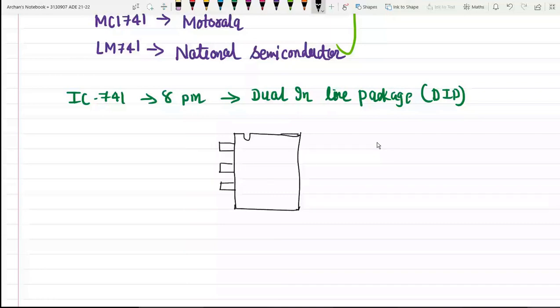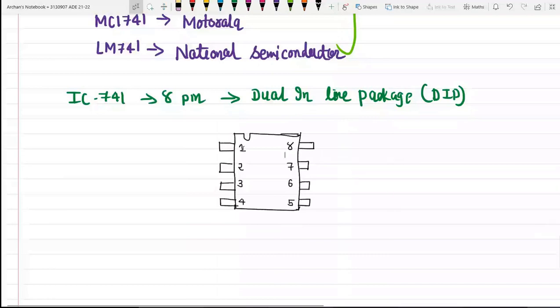Similarly, 4 legs we will find on the opposite side of the IC, and all these IC legs are named as pin number 1, 2, 3, 4. After that we go to the opposite side, pin number 5, 6, 7 and 8. Now the question is where to start with pin number 1. You need to concentrate on the notch provided. This notch is where our pin number 1 is situated. So 1, 2, 3, 4, 5, 6, 7, 8 in this particular fashion.